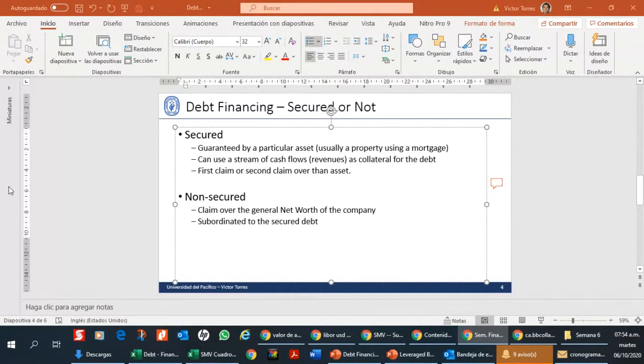That's where there's a first claim and a second claim on the asset. Given that the price of the asset is now 500,000, the second bank is comfortable giving you some additional amount, let's say 100,000, raising it to 300,000 total debt. So the first bank has 200,000, and the second bank has 100,000 in addition to that.